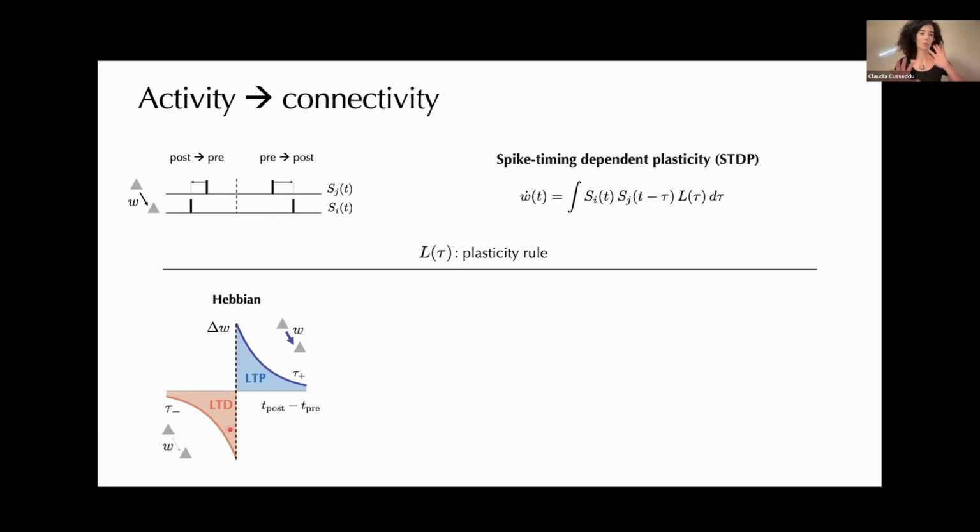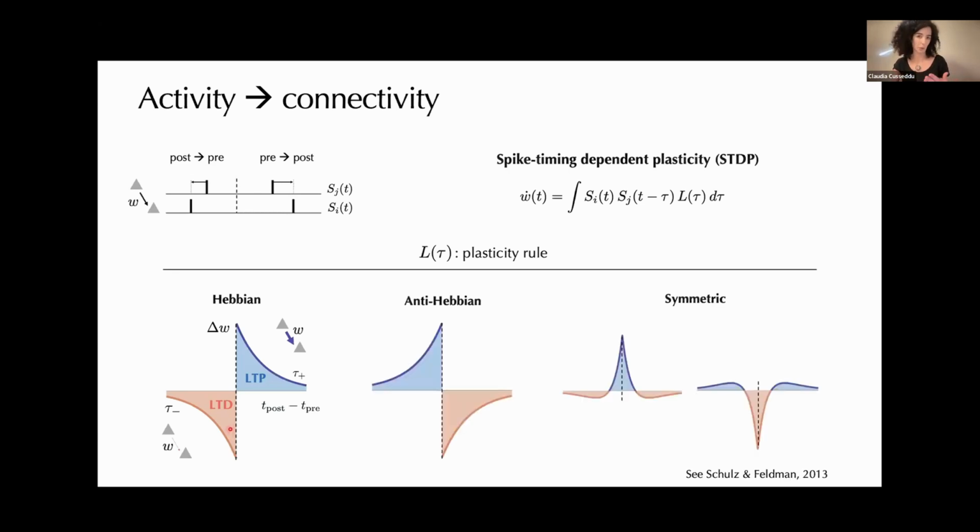So here I will classify kernels into three big families, which are Hebbian, as we just saw, anti-Hebbian rules, and symmetric rules, which are all different types of STDP rule, where we always get potentiation or depression depending on the reciprocal timing between pre- and postsynaptic spikes. So this is how we see the way activity shapes connectivity.